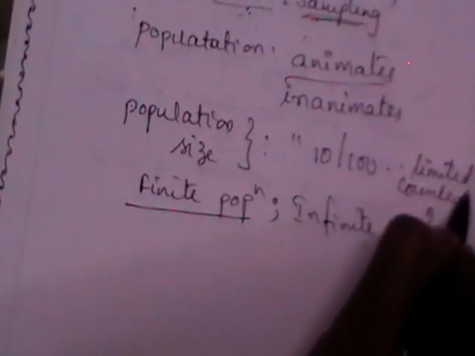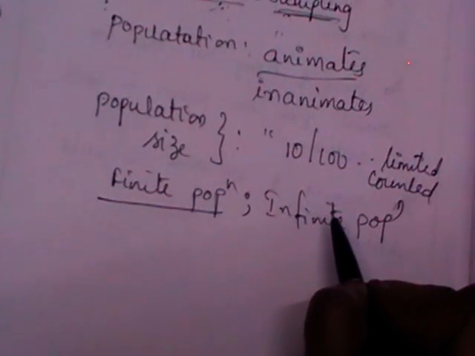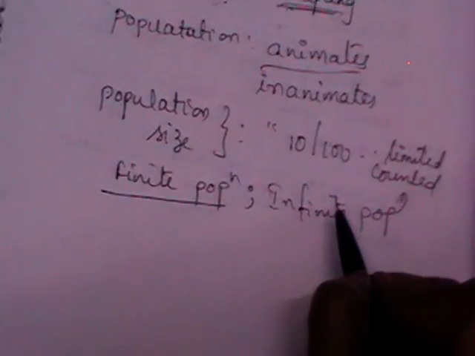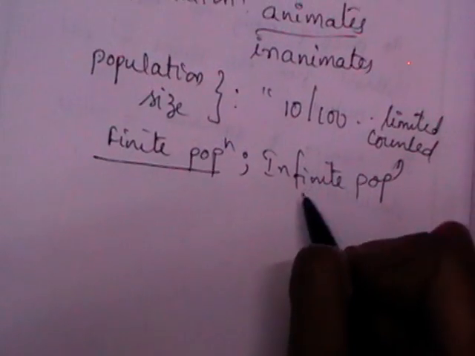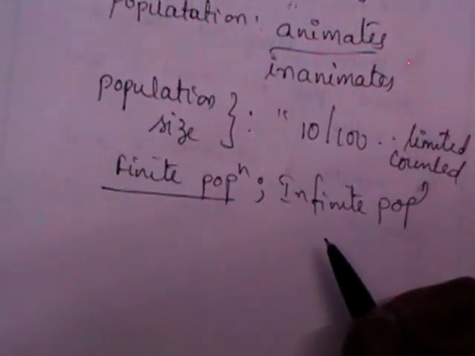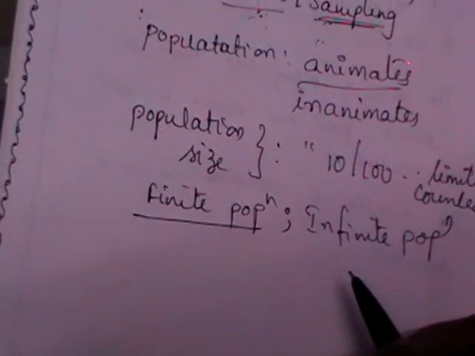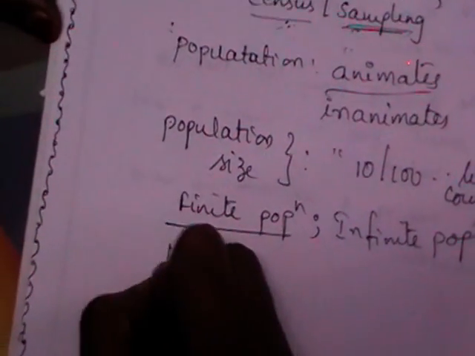So whenever the population size is countable, we call that population a finite population. The best example is the number of electric fans produced by a company per day or per month, which is a finite population. The number of stars in the sky is an infinite population.